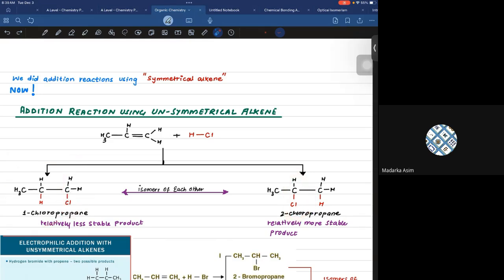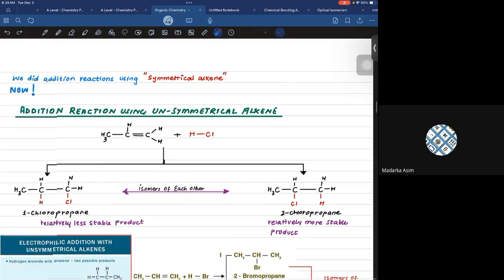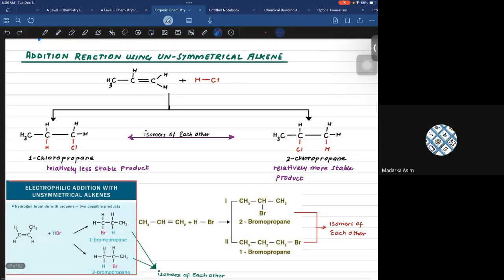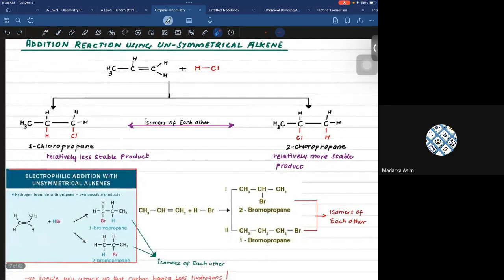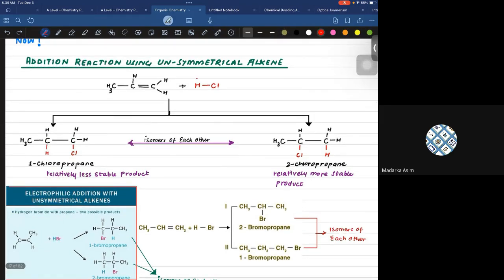Now, what is the most suitable product that you can make? So there is a rule: you are supposed to attach the negative species to the carbon which is having the fewer number of hydrogen atoms.